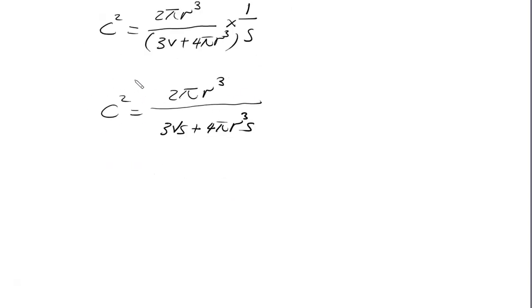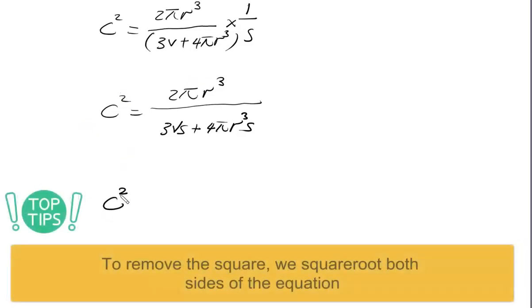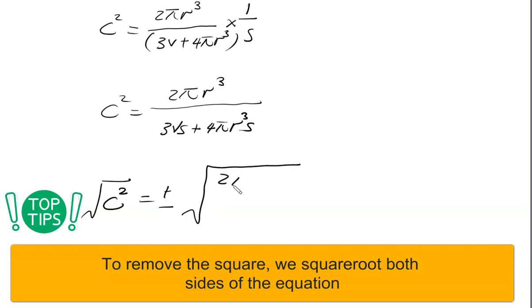So to remove the square, we square root both sides of the equation. So c squared, we square root to remove the square, will be equal to, this side will be plus or minus the square root of 2 pi r cubed divided by 3vs plus 4 pi r cubed.